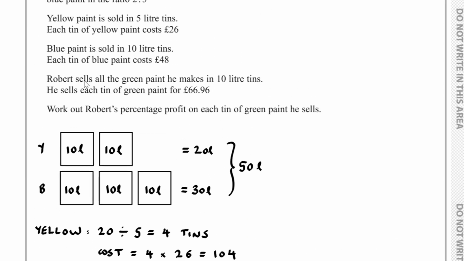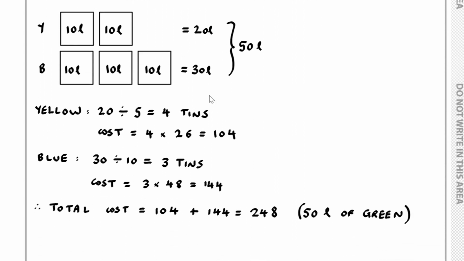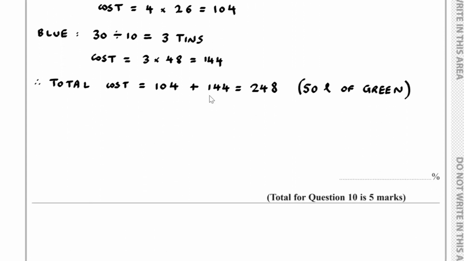Now Rob sells all the green paint he makes in 10 litre tins, and he sells each tin of green paint for £66.96. So what we can do is find out the cost of green tins for 10 litres.